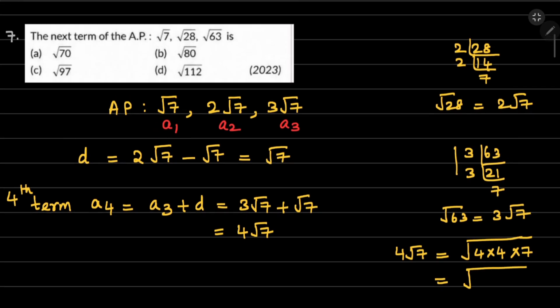So 4 fours are 16. What is 16 into 7? It is 112. So it is root of 112. That's your answer. Root of 112 is your fourth term. So the correct answer is option number D.